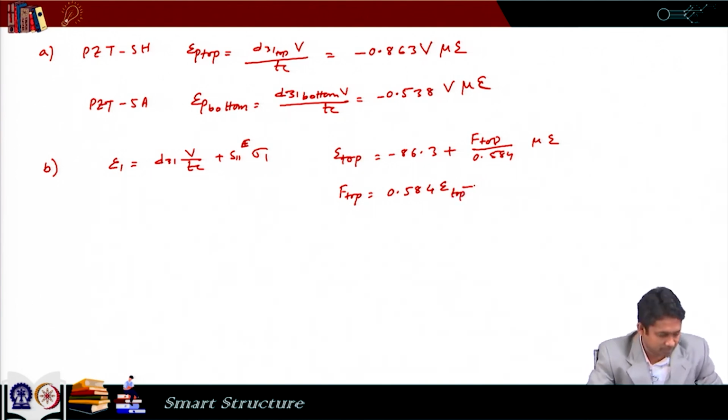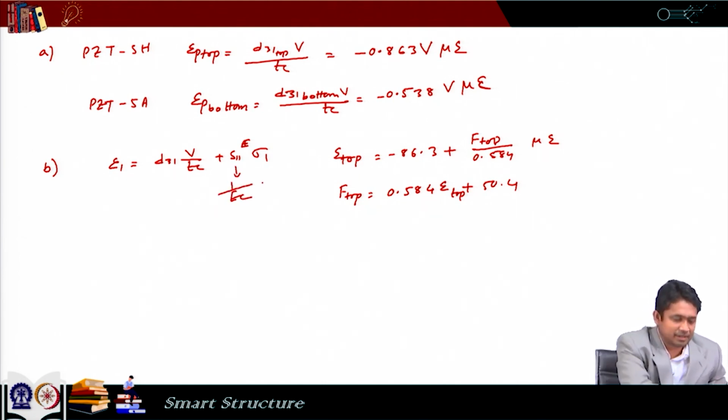So, F top equals 0.584 epsilon top plus 50.4. We just got this by putting the values here. We know Tc, we know D31, and S11E is just 1 by EC, and from there we can get the relation.